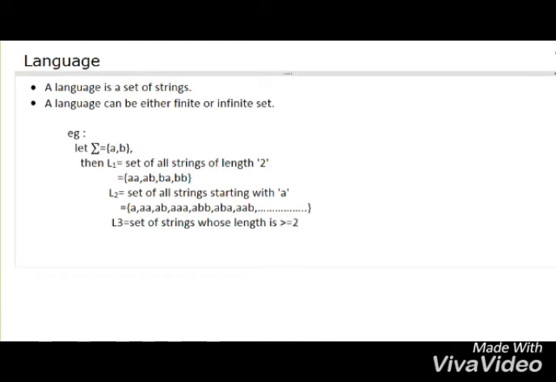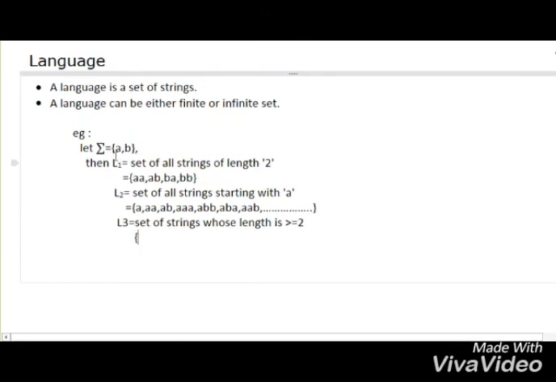So this language should contain the strings whose length is greater than or equal to 2, and these strings are possible over alphabet a comma b. So the strings will be AA, AB, BA, BB, and AAA, and so on.